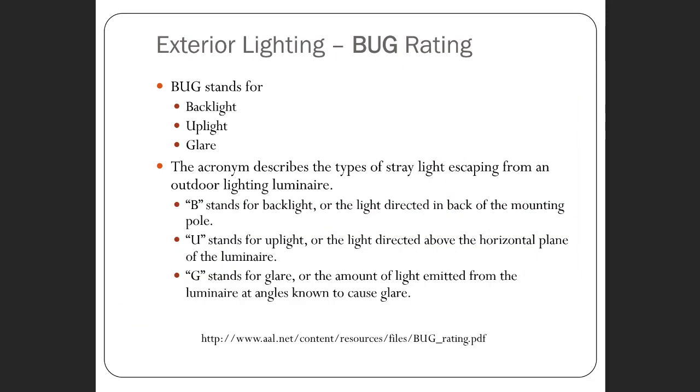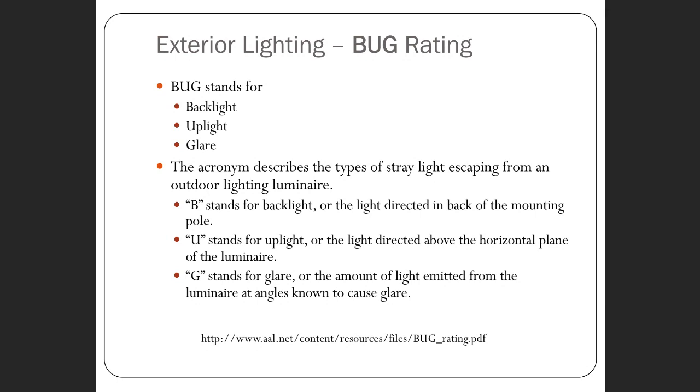So when we're out as lighting designers or architects shopping for or specifying exterior lighting products, nowadays you're going to be looking at the bug rating on that fixture. In this case, bug stands for backlight, uplight, and glare. We're trying to make sure that the light from that fixture goes where we want it.